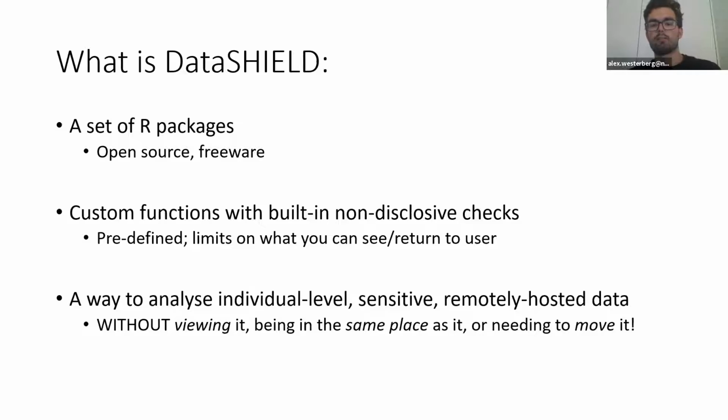So we have written a function to actually compute the mean, but also run checks to make sure nothing comes back to you, the user, that will reveal things about the underlying data. The whole point of DataShield being that we are doing non-disclosive analysis. So you are limited on what you see returned to you, and you have to answer your question by inferring as much as you can from what is returned.